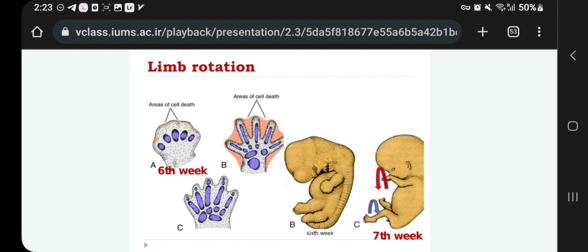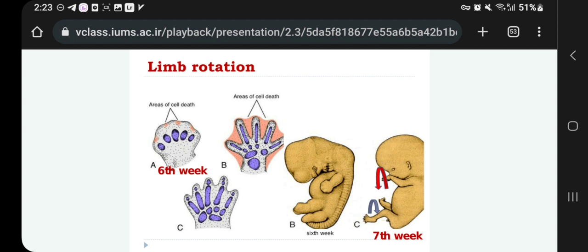But in the lower limb, the extensors are anterior. For example, the quadriceps and the extensor hallucis longus and digitorum longus, all of them are anterior, and in the posterior compartment we have the flexors.